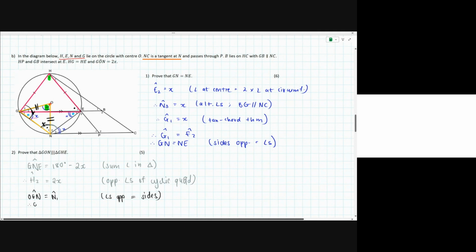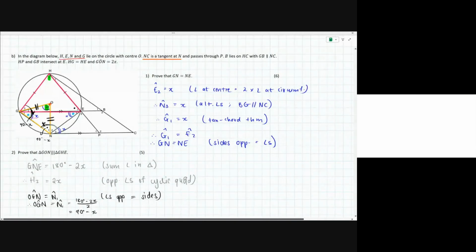So therefore, OGN and N1 would be equal to 180 minus 2x divided by 2 because they're equal to each other. So each of those angles is equal to 90 minus x. So this angle, 90 minus x, and this whole angle, G1 plus G2, 90 minus x. So at least I've got two angles that are helpful to me.